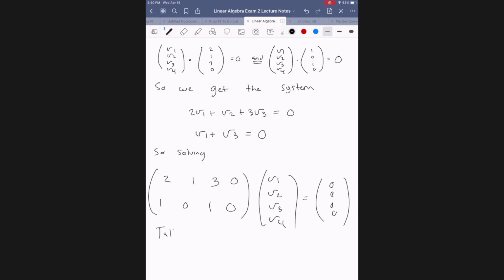Or you can just take the augmented form. Taking augmented form, we have just solved 2, 1, 3, 0, 0. Sorry, this would be a 2 by 1. 1, 0, 1, 0, 0. RREF it.